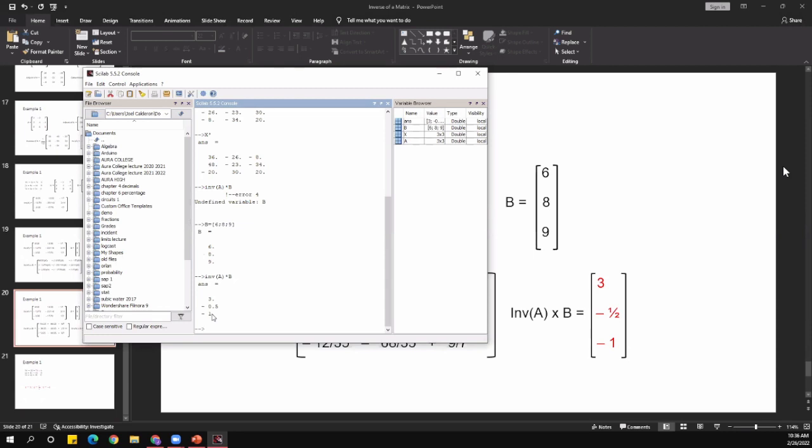Here's another one. If you have the inverse of A and multiply it with A, the answer should be 1.